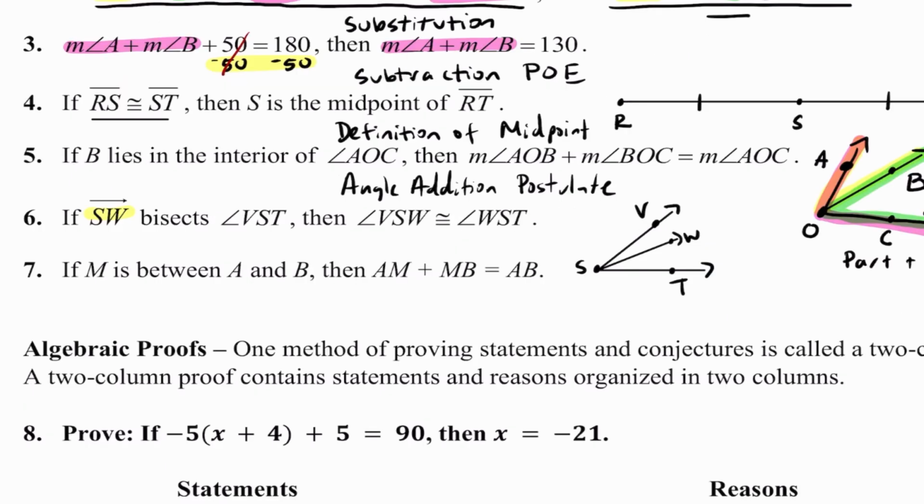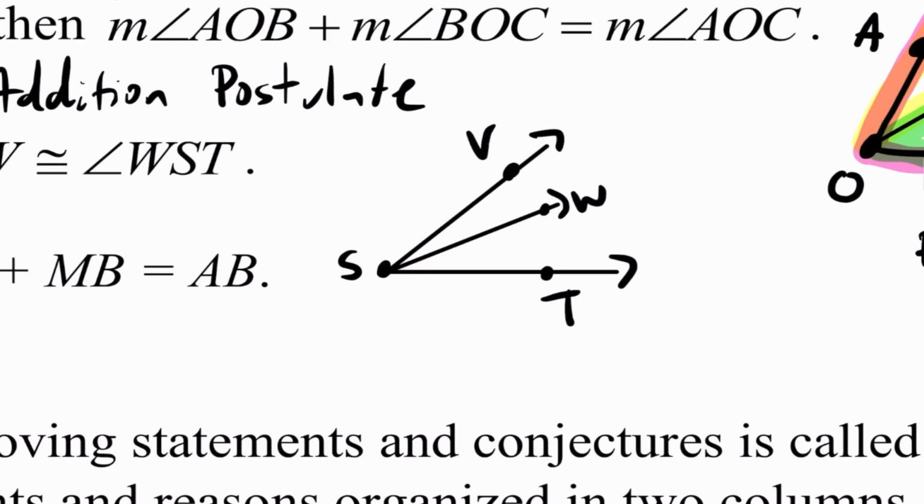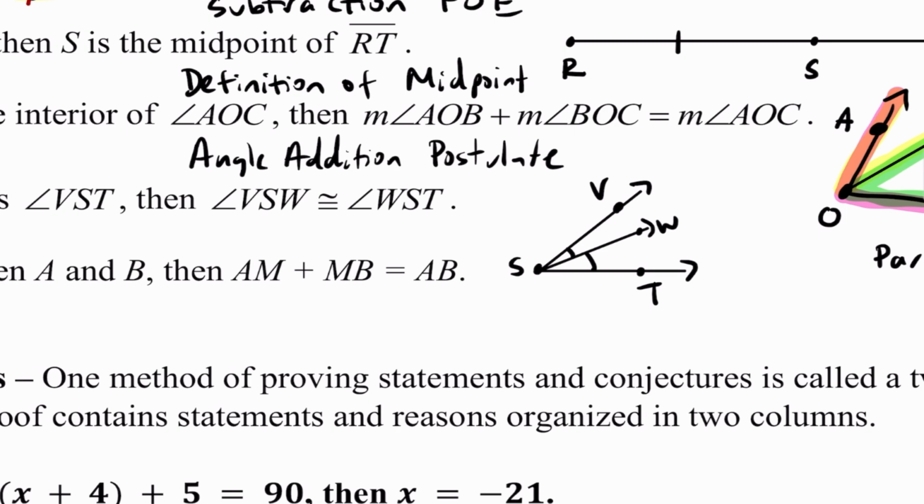So what happens if ray SW is the angle bisector of angle VST? Well, ray SW is going to split this whole angle into 2 congruent parts. So you're going to draw an arc here and an arc there to show that these 2 angles are congruent. So angle VSW is congruent to angle WST.